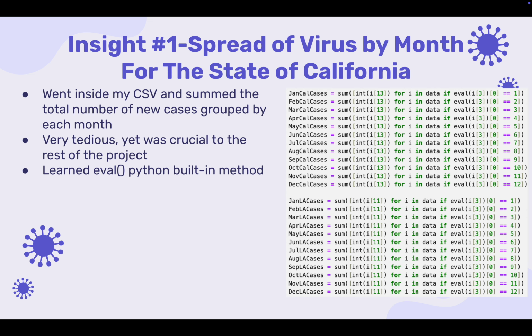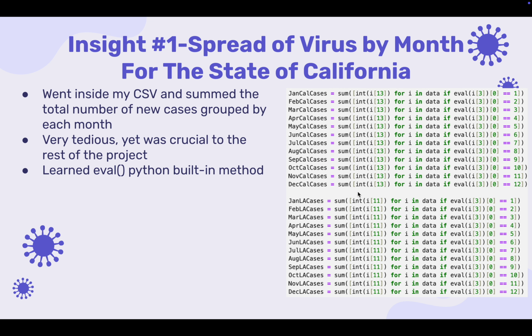My first insight I wanted to talk about was the spread of the virus by month for the state of California. This was by far my most tedious insight. I had to make a variable. I didn't have to do this, but this was the simplest way initially of what I thought of to do it, and afterwards this was very inefficient to write, but that's how it ended up being. I learned the eval Python built-in method.